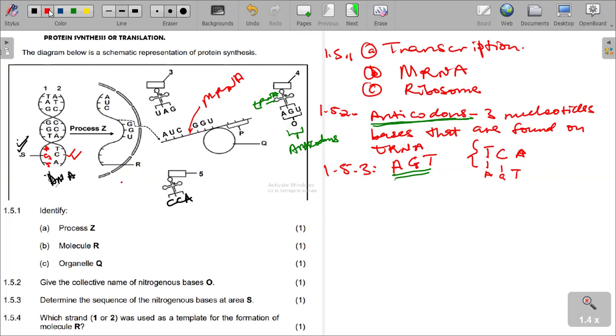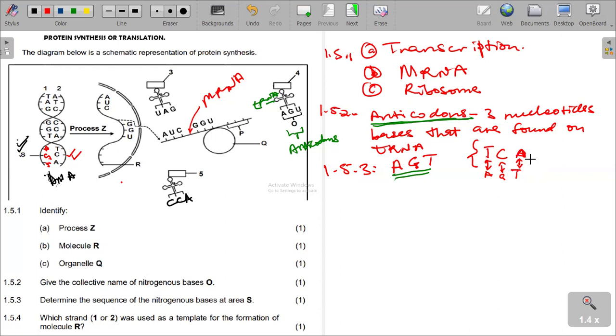So AGT is the nitrogen base sequence that is found on area S. This is the complementary pairing of the bases that is taking place at area S, which is determined by the TCA that we have given here.